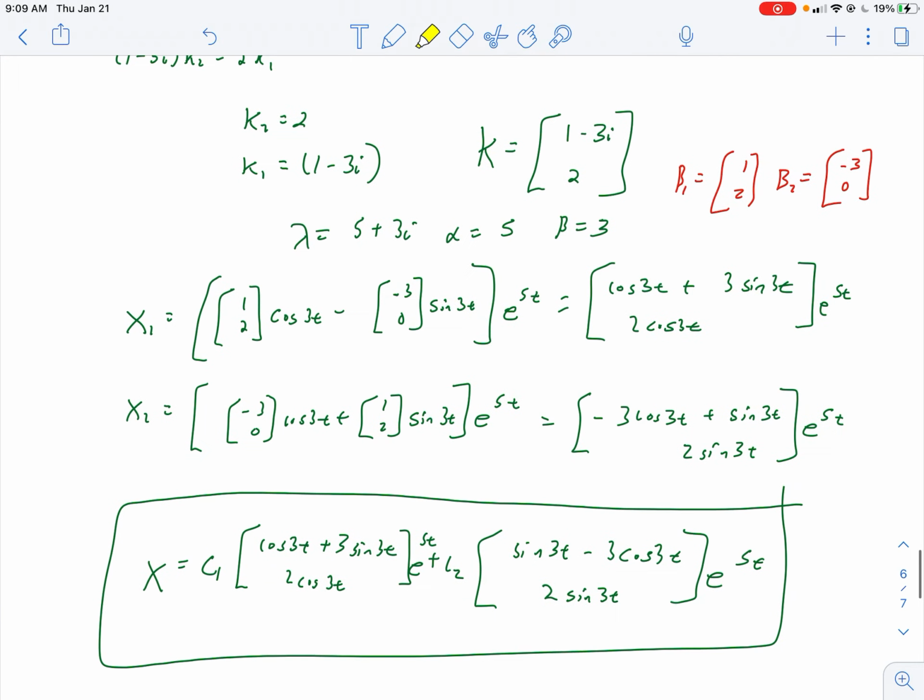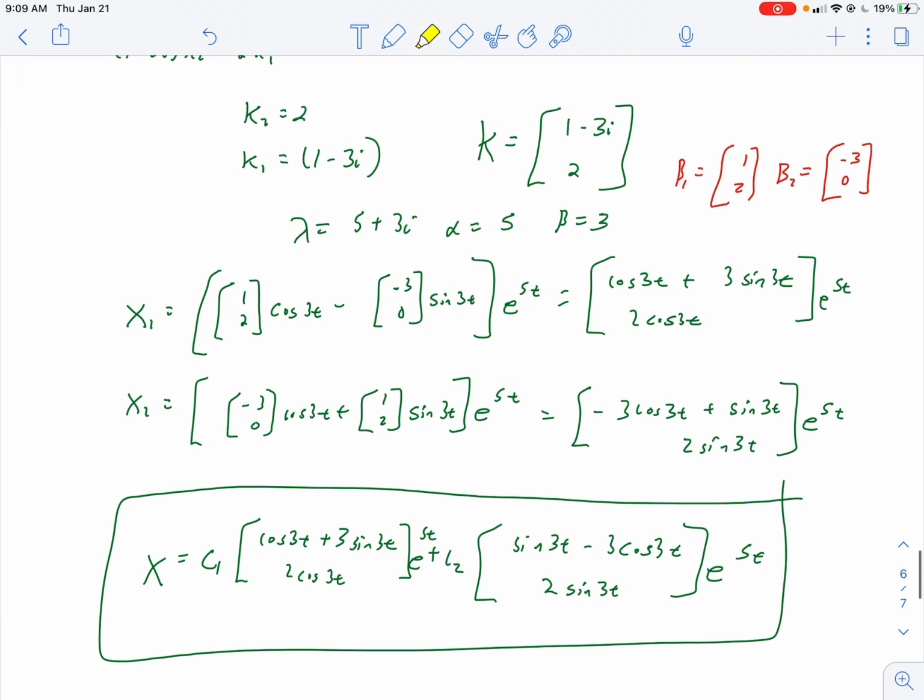When I substitute in, x sub 1 is b sub 1 cosine beta t minus b sub 2 sine beta t, e to the alpha t, and this is going to simplify to what we have on the right. X sub 2 is b sub 2 cosine beta t plus b sub 1 sine beta t, e to the 5t, or e to the alpha t. And so this is what we're left with.